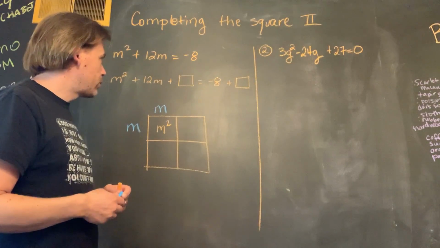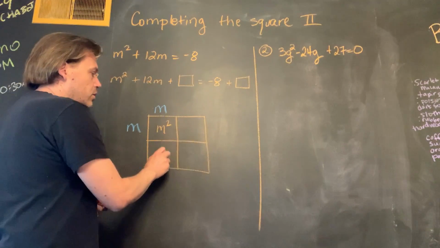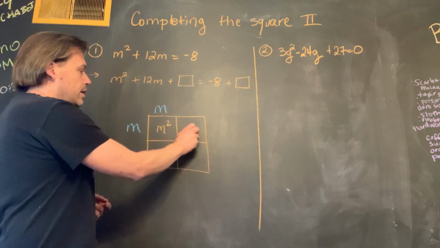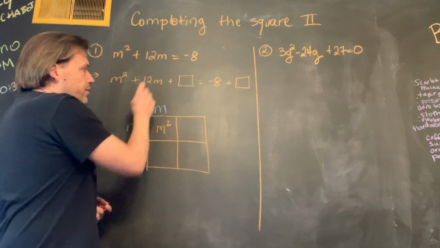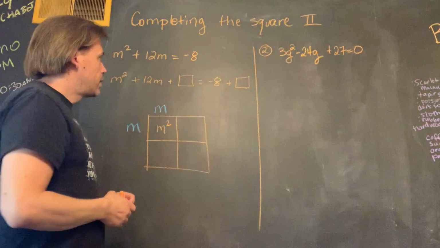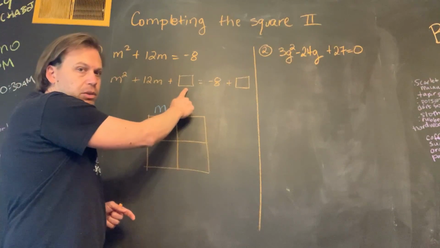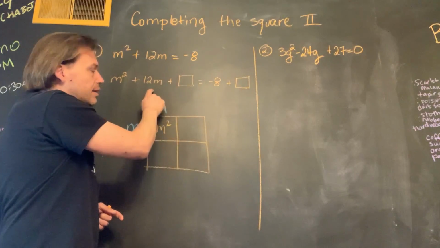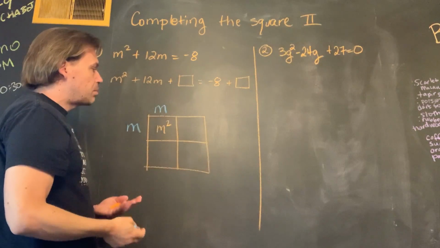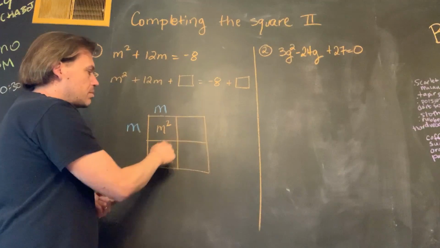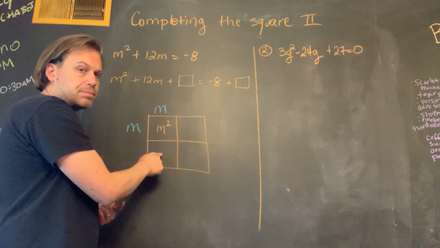And the other thing you might remember is that these two parts of the box added together to give us 12m. So you needed two numbers that multiplied to give us this last term, which we still don't have, but add to give us this. Well, if it's a perfect square, these both need to be the same thing.